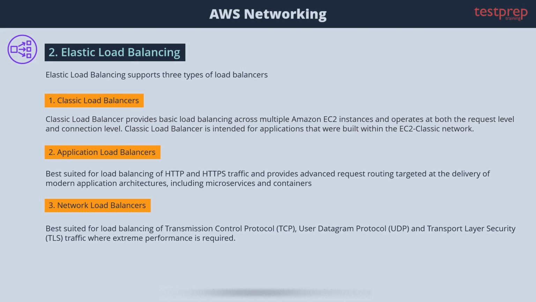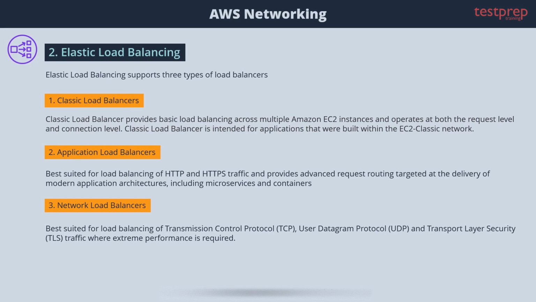Elastic Load Balancing supports three types of load balancers: classic load balancers, application load balancers, and network load balancers. Classic Load Balancer provides basic load balancing across multiple Amazon EC2 instances, and operates at both the request level and connection level. Classic Load Balancer is intended for applications that were built within the EC2 Classic network.